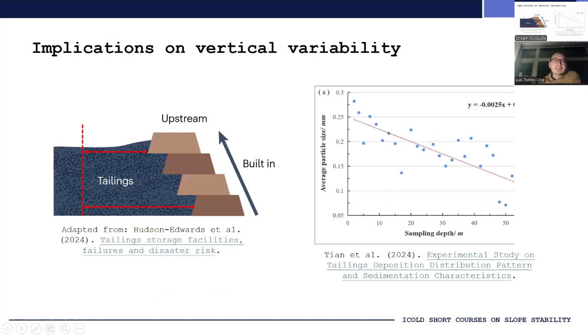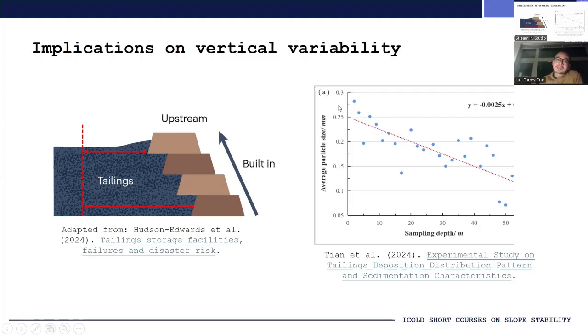This also has implications on vertical variability, because not only do you get particle size distributions that are finer as you move away from your point of deposition, but also you find finer particles as you go down into the deposit, because this point over here is farther away from the point of deposition than this one over here is from its own point of deposition.